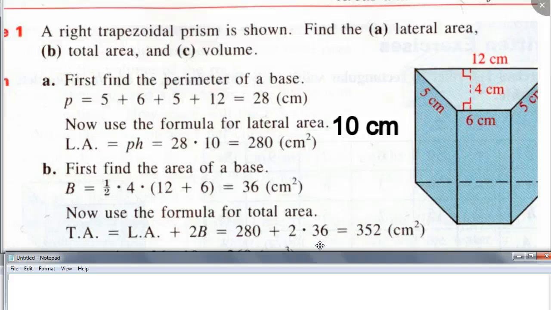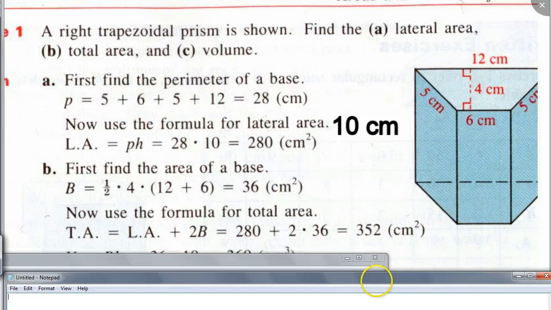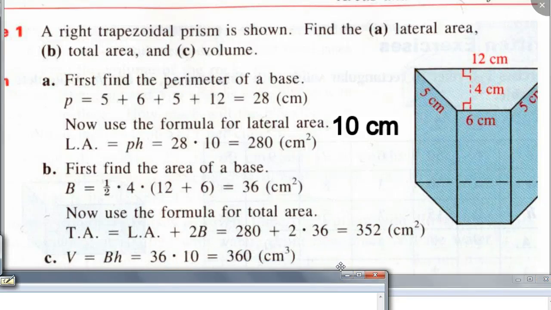Area of the? Good, area of the base times height. So we just found that the area of the base is 36, right, Josh? So then, what's the volume? 360. What should your unit be? Centimeter cubed is correct. Very good.